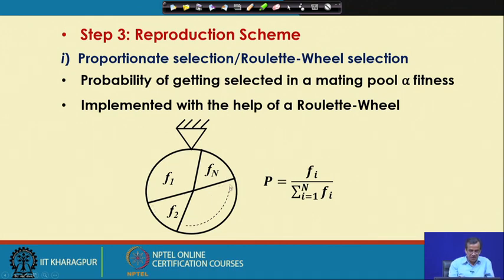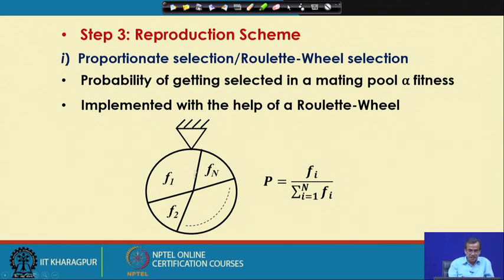On the top surface of the wheel, there will be a few markings, f 1, f 2 up to f n, which are all the fitness function values. The area covered by a particular GA string is equivalent to its fitness value. So, the higher the fitness value, the more area will be occupied by that string on the top surface of the Roulette-Wheel.